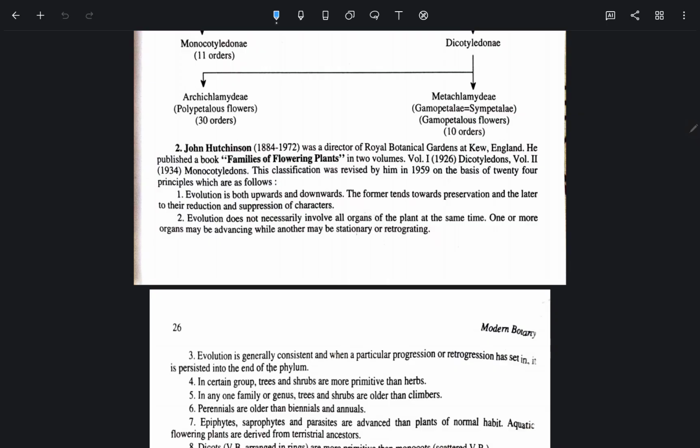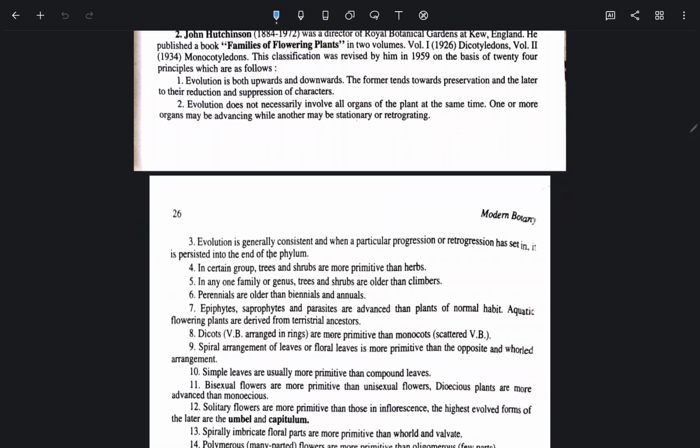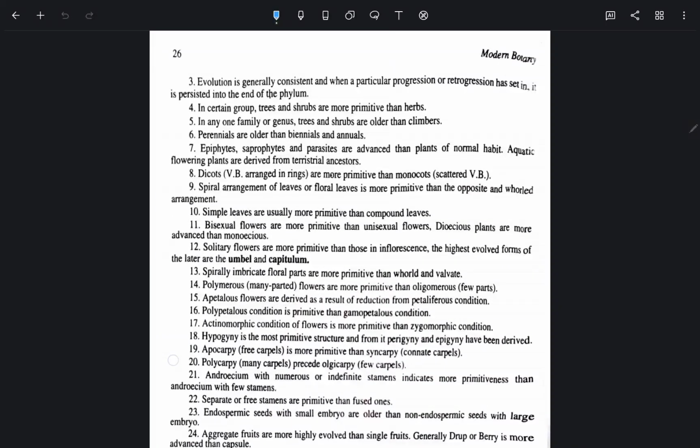Evolution does not necessarily involve all organs of the plant at the same time. One or more organs may be advancing while another may be stationary or retrograding. Evolution is generally consistent, and when a particular progression or retrogression has set in, it is persistent to the end of the phylum.